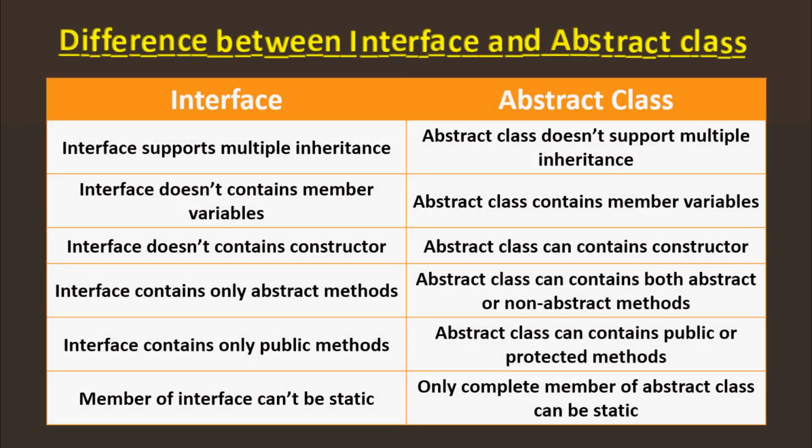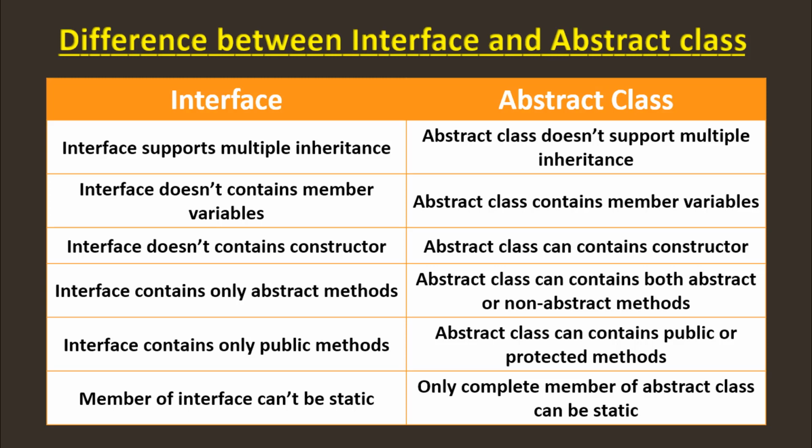Now let's see the difference between interface and abstract class. Interface supports multiple inheritance, whereas abstract class does not support multiple inheritance. Interface does not contain member variables, whereas abstract class contains member variables. Interface does not contain a constructor, whereas abstract class can contain a constructor.